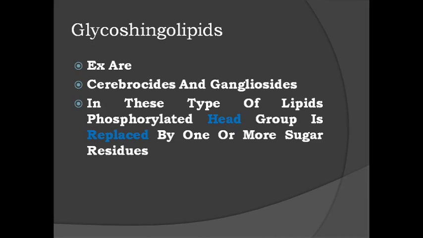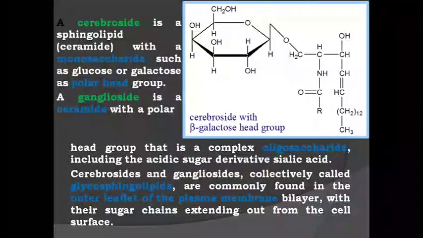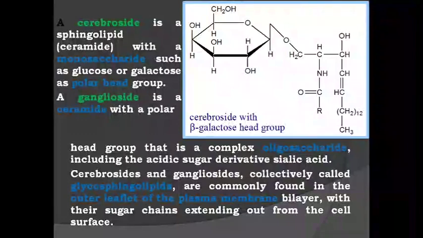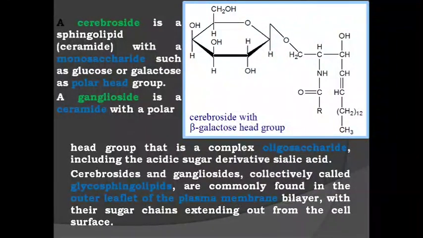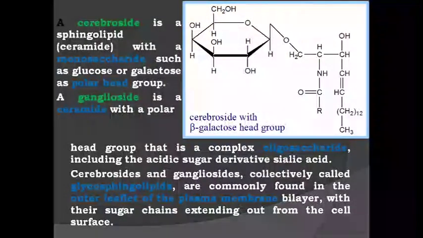The galactocerebrosides have a single galactose residue and are found in the neuronal cell membrane of brain cells. Gangliosides have one or more sialic acid links on the sugar chains.